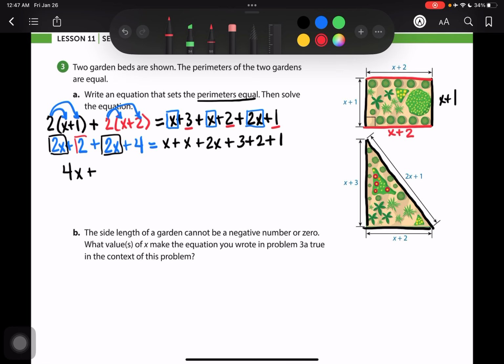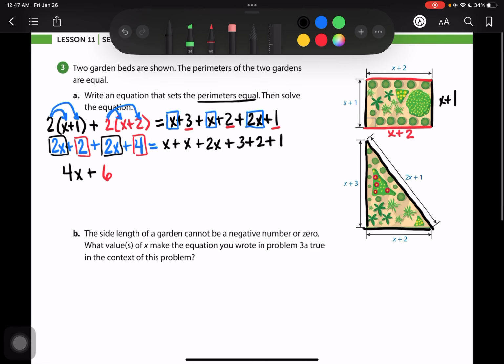And we're going to set that equal to the other side where I have x plus x is 2x plus another 2x is 4x plus I have 3 plus 2 is 5 plus 1 is 6.